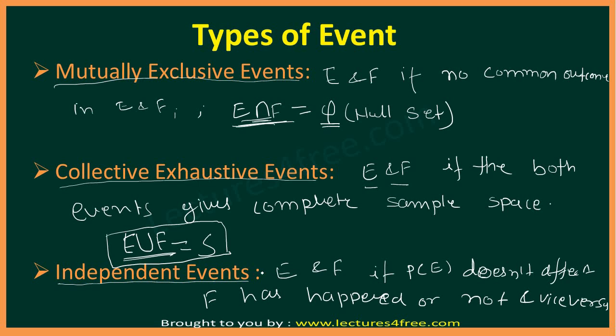It means the probability of happening of E doesn't affect the probability of happening of F, and the probability of happening of F doesn't affect the probability of happening of E. Then these two events are known as independent events.